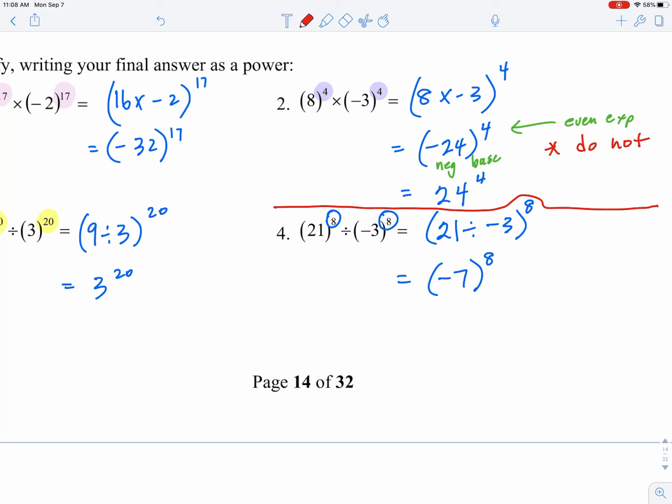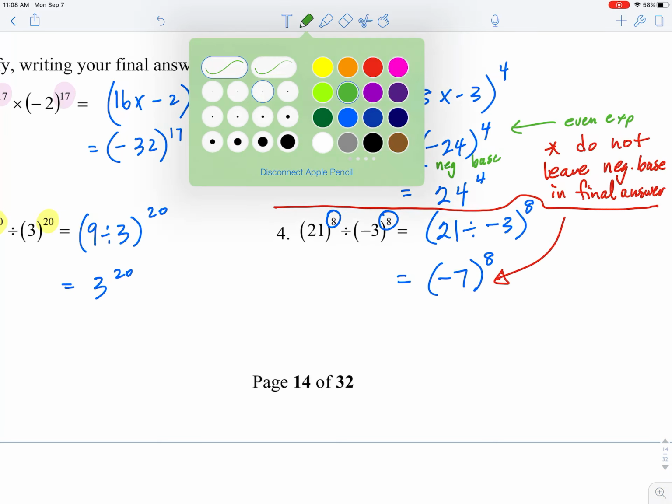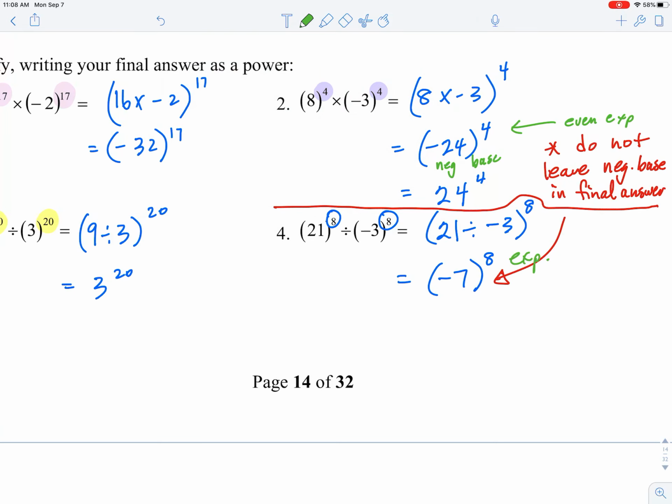Do not leave a negative base in your final answer. So here we have a negative base in our final answer, but our exponent is even, and that means we're going to have a positive final answer. So our final answer here would just be 7 to the 8.